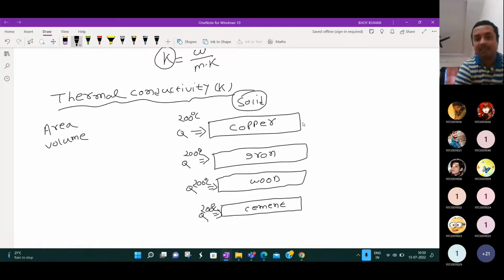What is the initial temperature? Let us say 30 degrees centigrade, room temperature. Okay, initially it is at 30 degrees centigrade. Then we put the heat source at the other end.